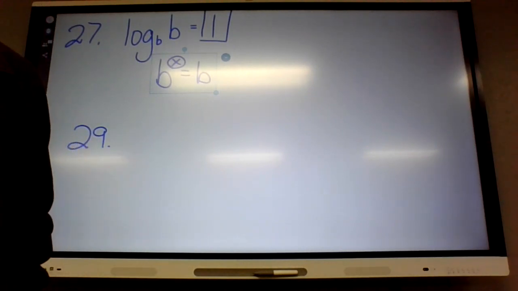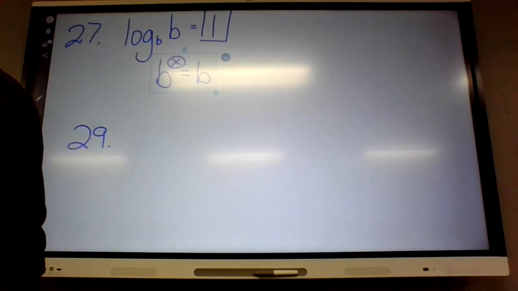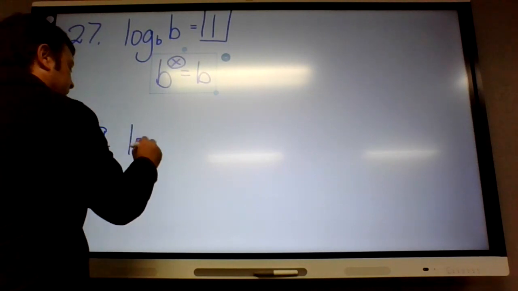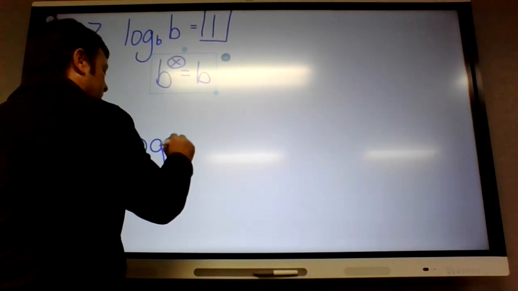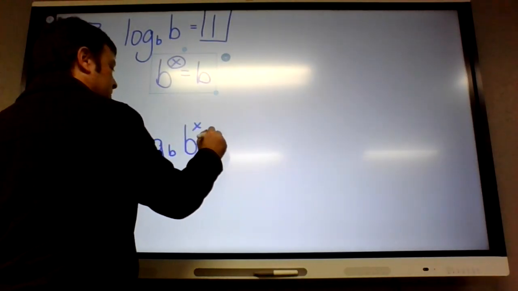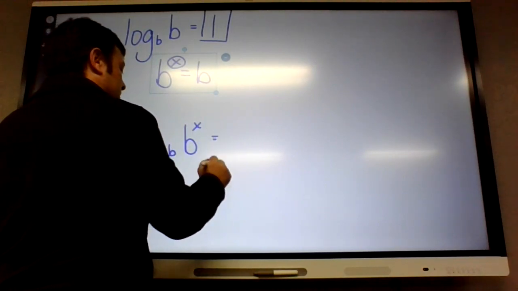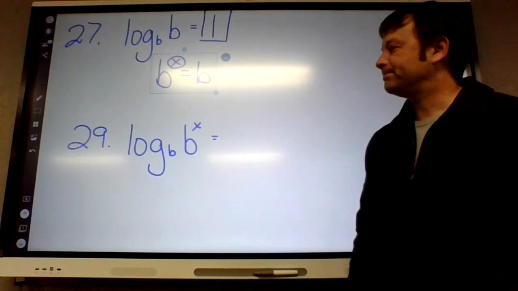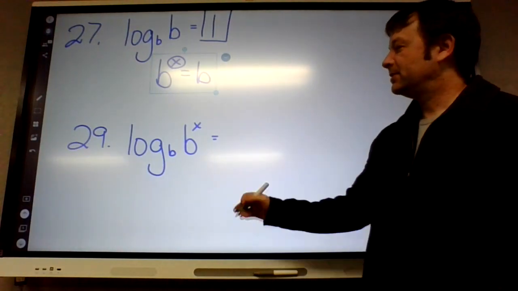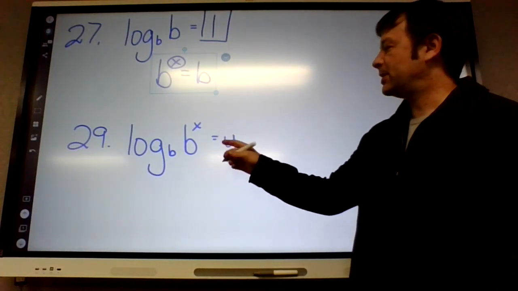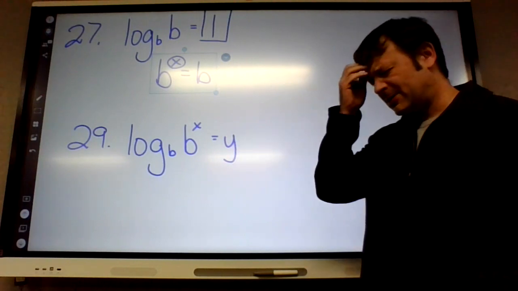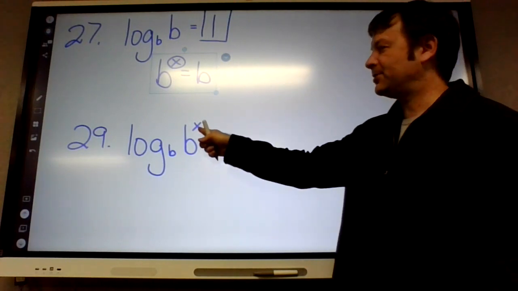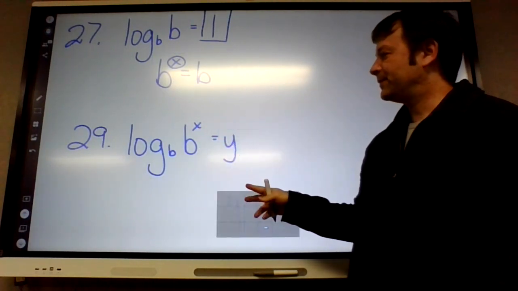Okay, 29, kind of similar and weird. Log base b of b to the x is equal to what? Let's say we're trying to figure out what y is this time, because they already used x over here, so I'll use a different letter.